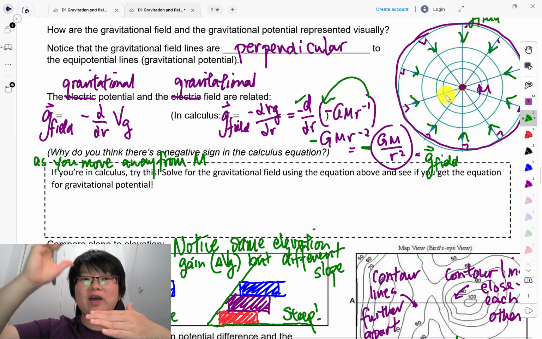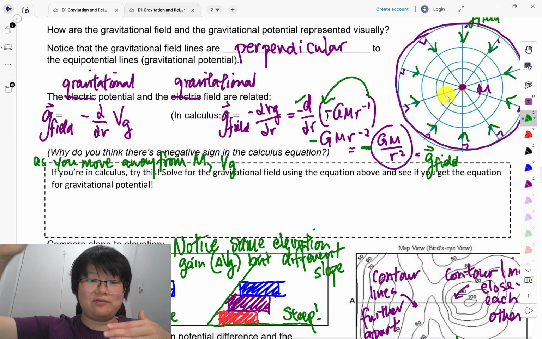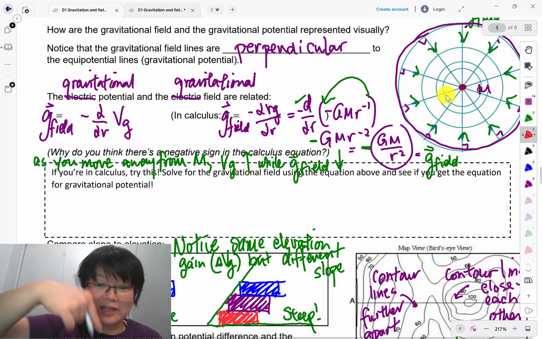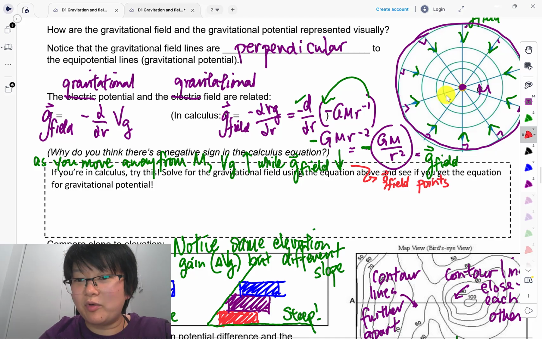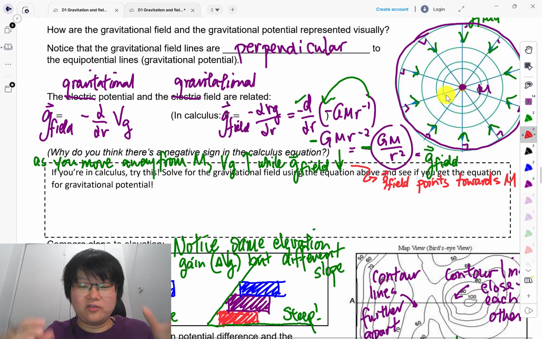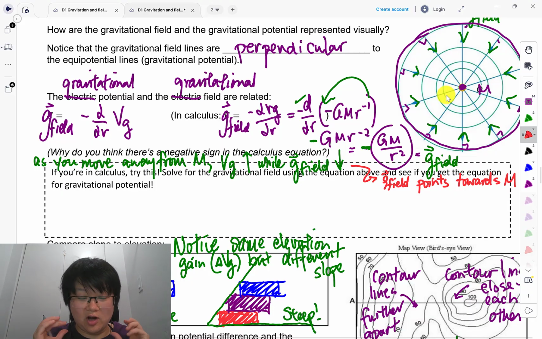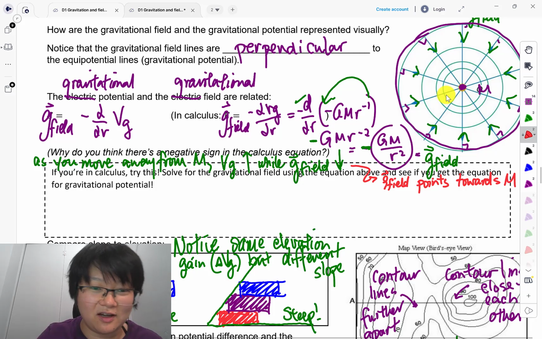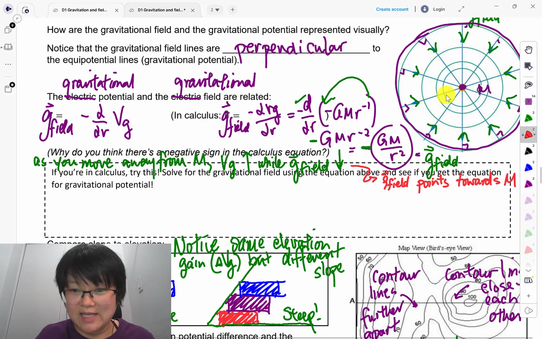So as you're moving away, you're going against the gravitational field vector, which you see in this diagram is pointing towards the center of the mass. And it's not important for us to articulate the necessity of that negative sign for the purpose of this course, but it technically is the case there.